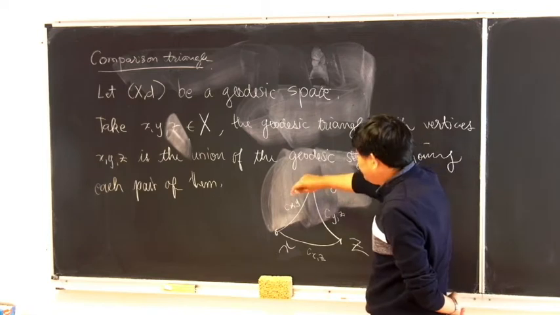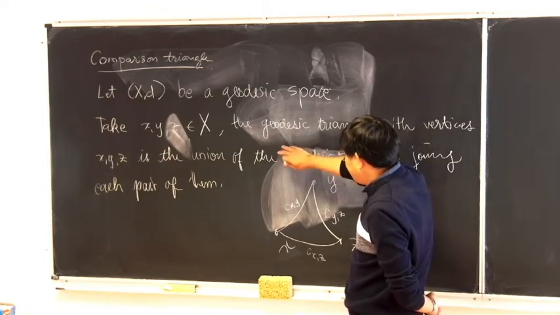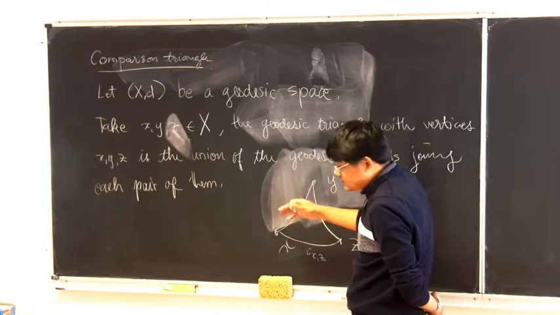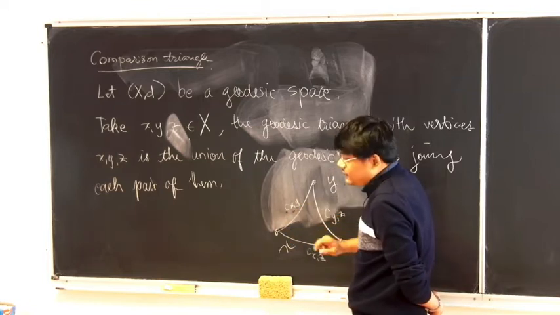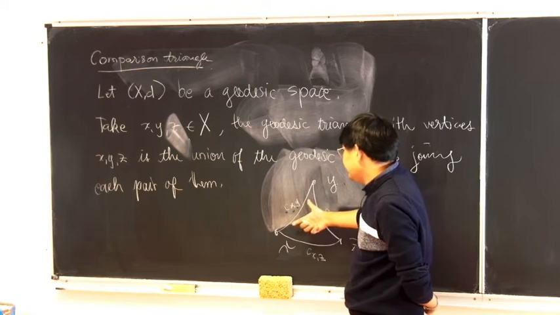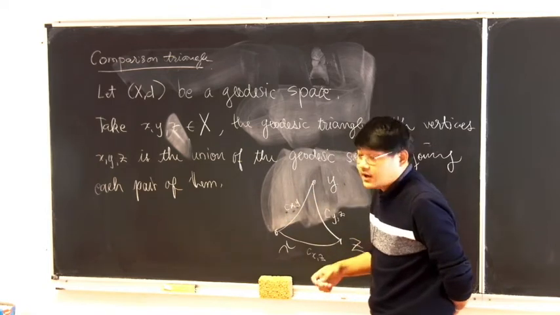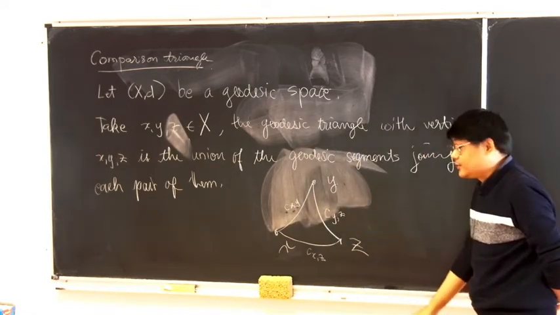But we did not assume that the geodesic between each two points has to be unique. So actually c_xy, for example, can be another geodesic segment if there is another one.